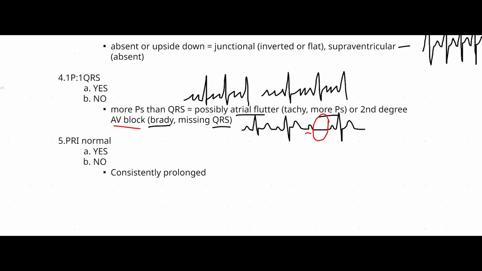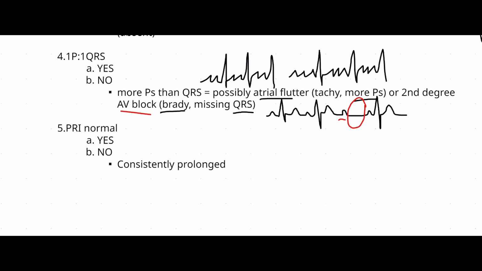So now we go into the PR interval. In the PR interval, we're looking at, is it normal? And how much is the PR interval again? 0.12 to 0.2, which, if you're just looking at the squares, is 3 to 5 small squares, or no bigger than one big square.